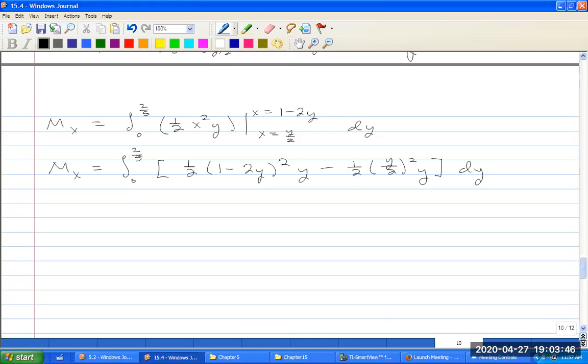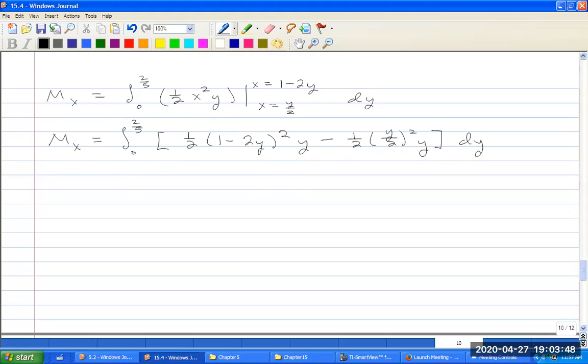Okay, so this is equal to the integral 0 to 2/5. So I have here a 1 minus, so let's multiply out the (1 minus 2y) quantity squared. So it'll give me a 1 minus 4y plus (4y) squared.